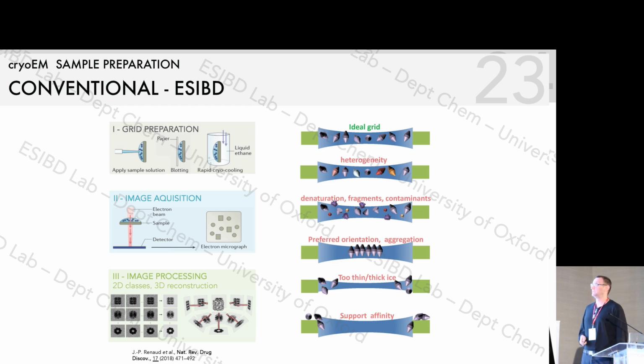So the issue I want to talk about is sample preparation. And there is a wonderful working sample preparation pathway through application of liquid blotting and then plunge freezing into liquid ethane that gives us these very thin water ice films.